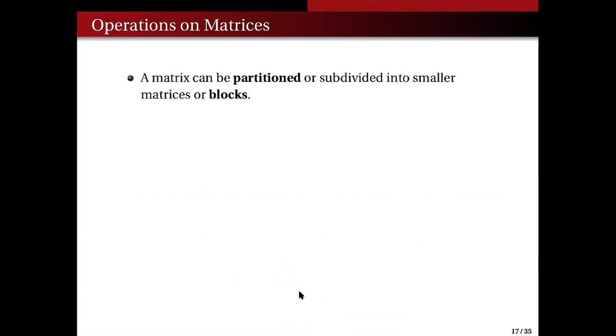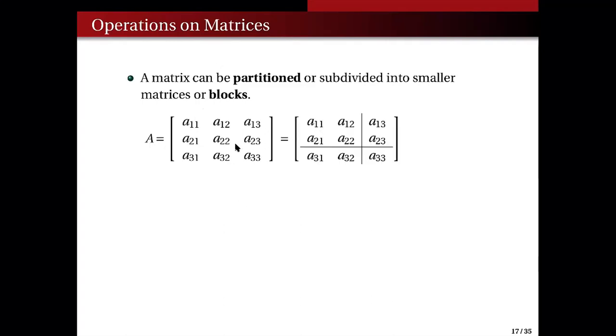Now, a matrix can be partitioned or subdivided into matrices or blocks. So what does this mean? Suppose you have a 3 by 3 matrix. You can partition this in the following manner.